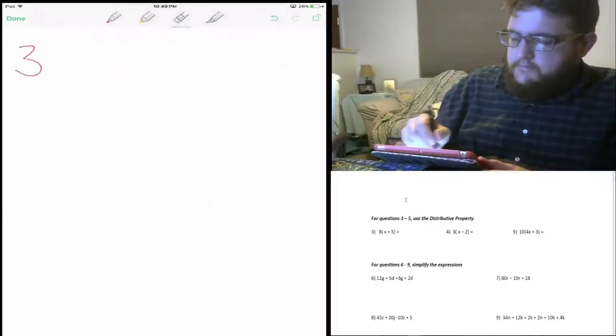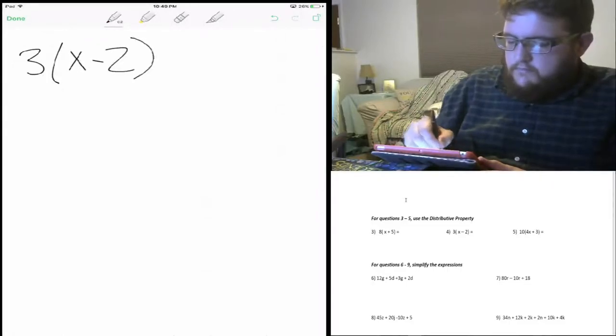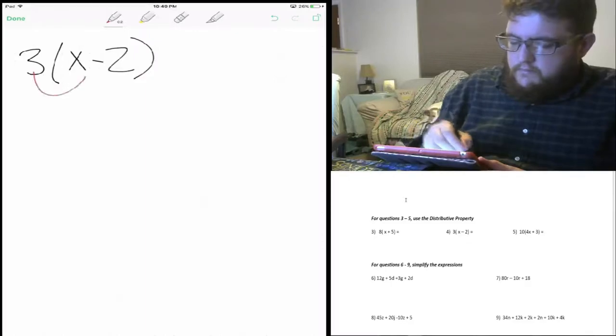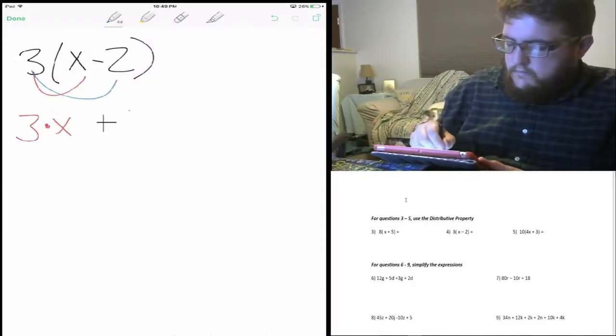3 times the difference of x and 2. It's always important to check your work, students. We will distribute the 3 to the x, and then we will distribute the 3 to the negative 2, and we will add those two products.